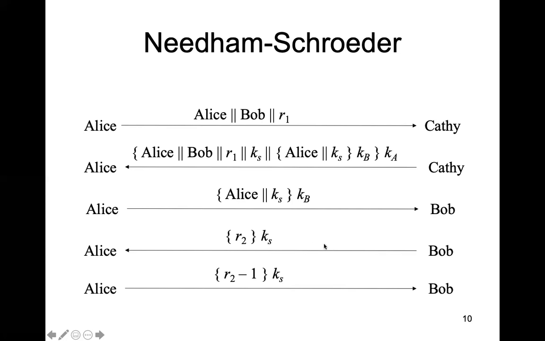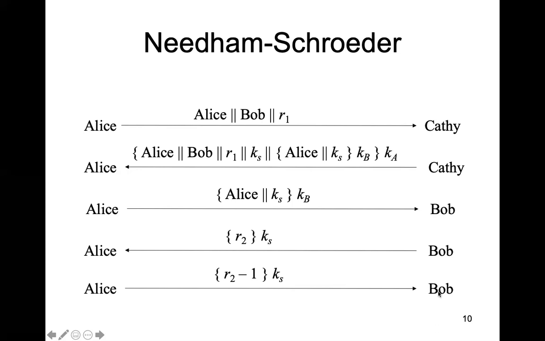The function that is to be applied to this R2 is decided as part of the protocol structure. In this particular case, the example function that I've shown is just decrement the value of R2 by 1, right? It could be any deterministic function that Bob and Alice agree upon beforehand, but the function over here is just subtract 1. Okay, so Alice subtracts 1 from R2, encrypts it with KS, and sends it over to Bob.